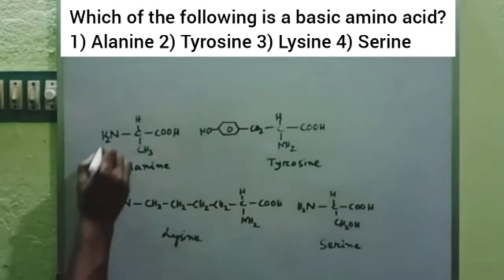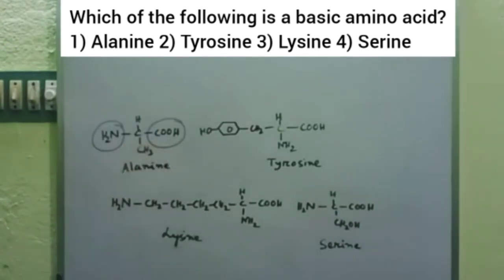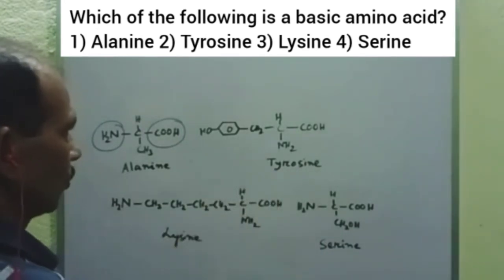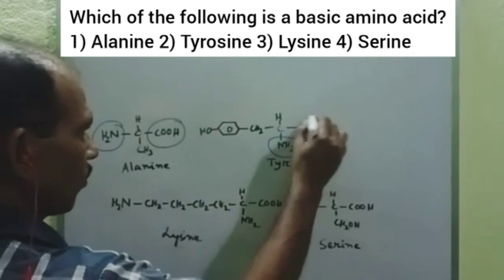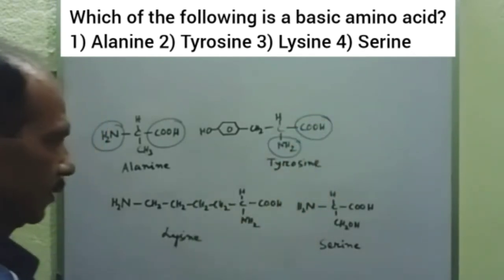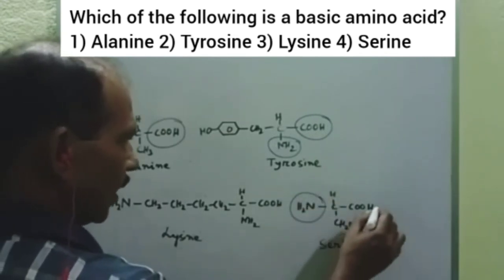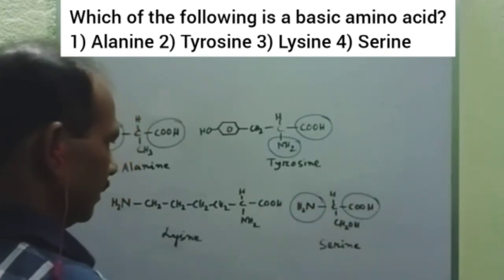Here, 1 amine group and 1 carboxylic acid group present. In tyrosine, there is also 1 amine group and 1 carboxylic acid group present. In serine, 1 amine group and 1 carboxylic acid group present.